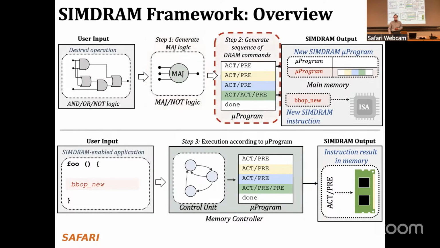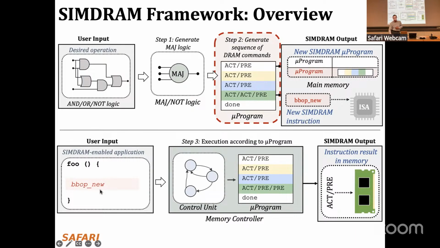And then we converted to a sequence of DRAM commands, like triple row activation, RowClone, etc. So you need to combine all of those commands, and you store that microprogram. We call this a microprogram to execute this desired operation. We store it with this new instruction somewhere in memory.